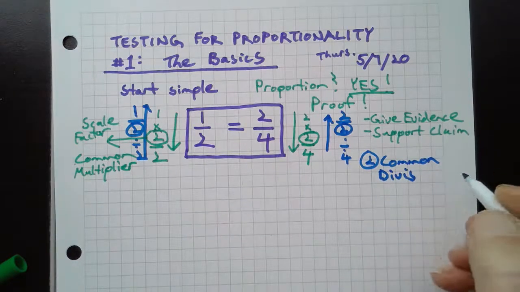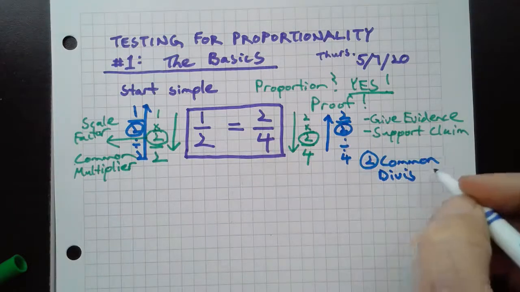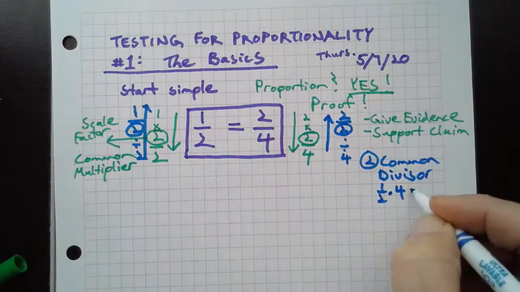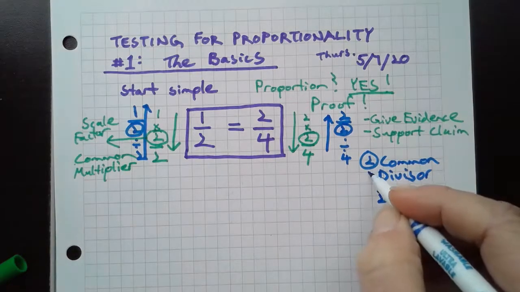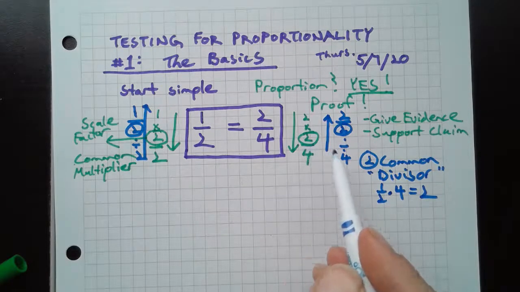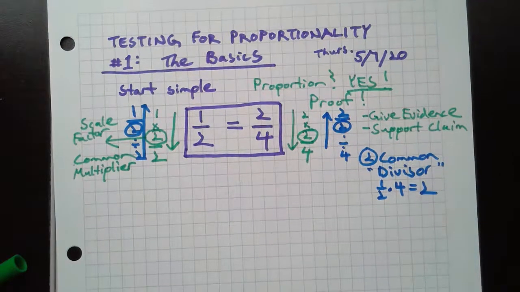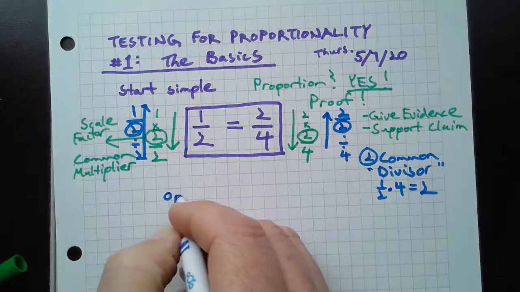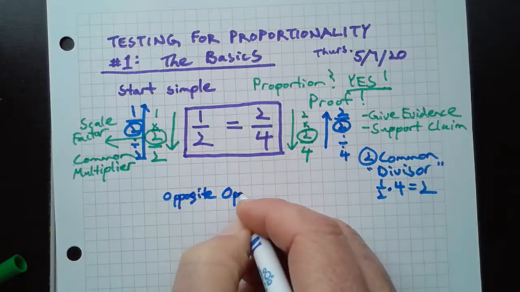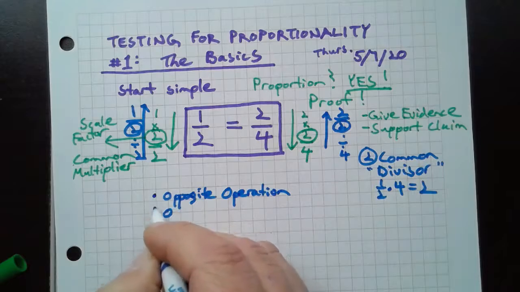Dividing is just a way of multiplying by a fraction. So I could just as easily say, what's half of 4? Half of 4. See how I'm multiplying? Okay, so if I can find a common multiplier, that's also the common divisor going in the opposite direction. So opposite operation, opposite direction.